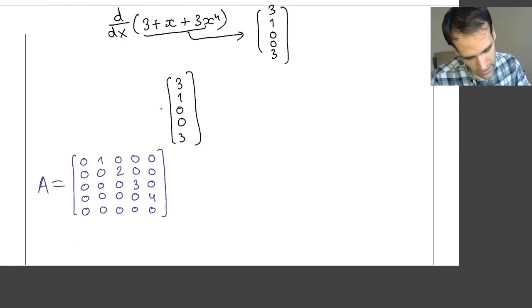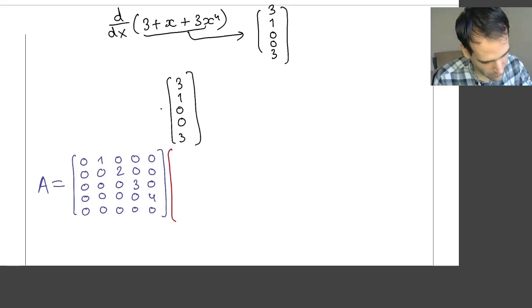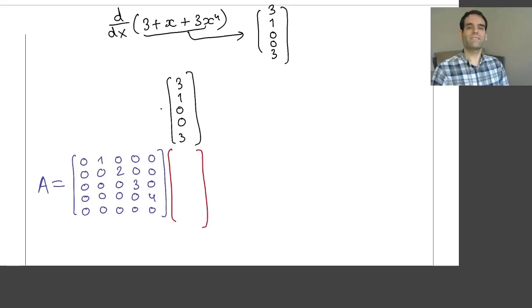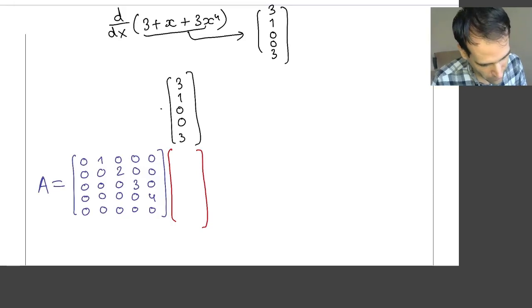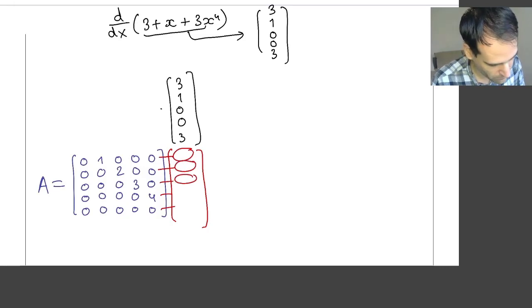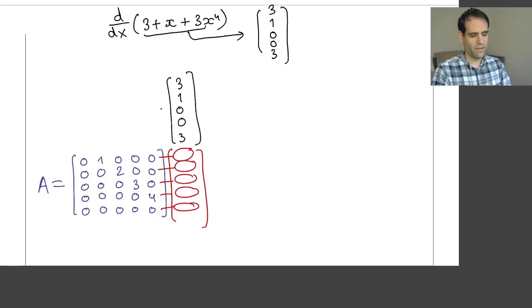So we leave a gap here. Now, what's the size of this gap? Remember, for each row, we need one element. So we have 1, 2, 3, 4, 5. So we have 5 elements, because the result is a polynomial and it's written in the same basis. So those elements will be the coefficients of the polynomial.